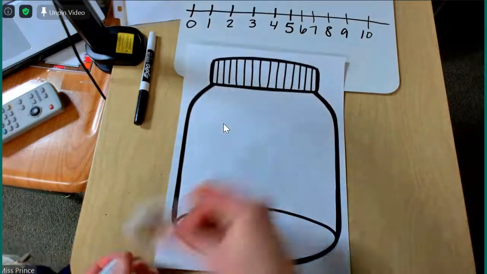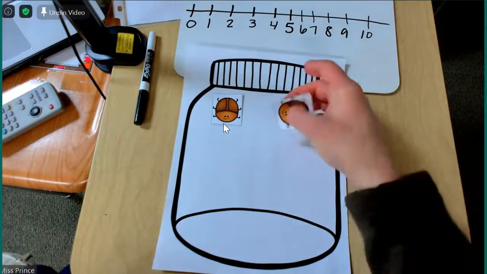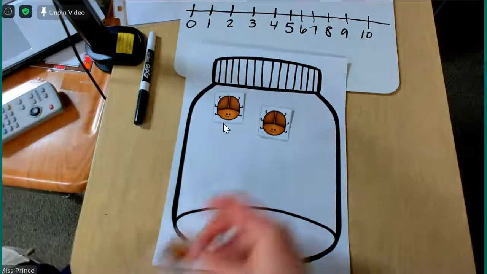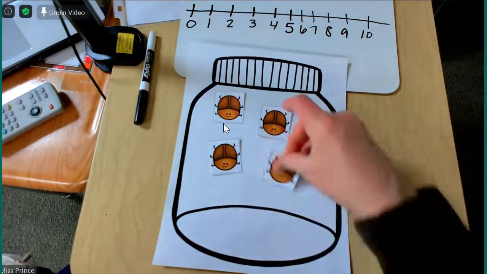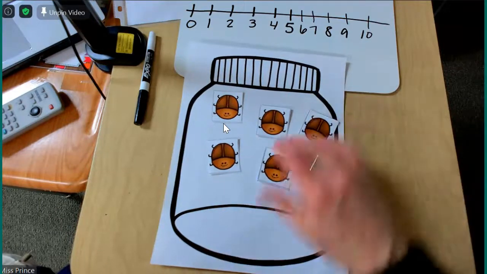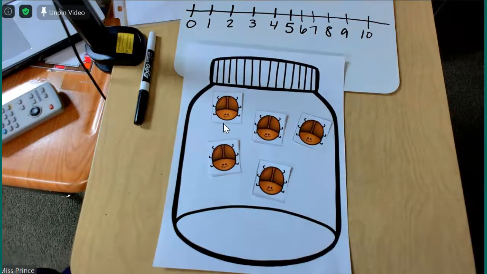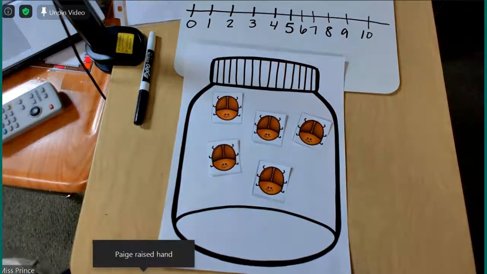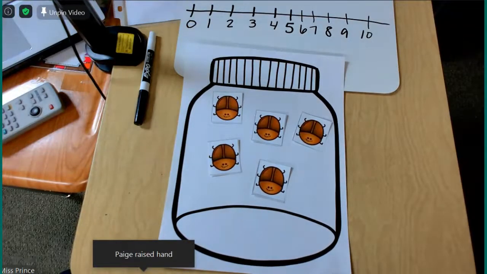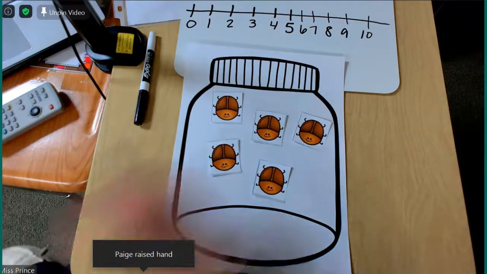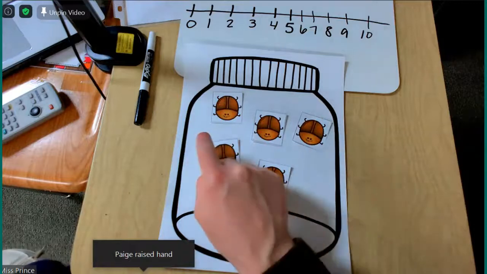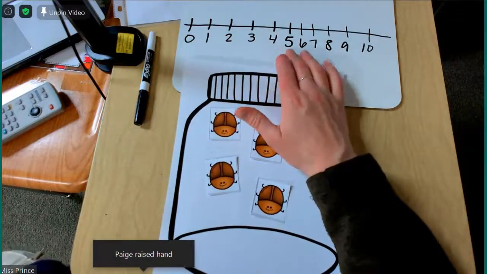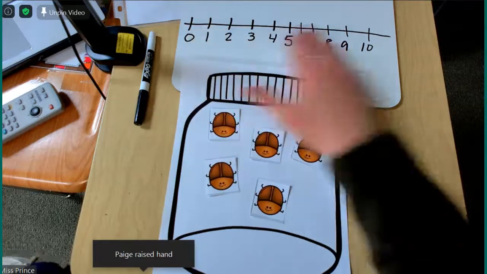So I'm going to put a number of critters in this jar, and I want somebody to raise their hand to tell me how many are in here. All right, go ahead and raise your hand to tell me how many are in here. Paige. 5. 1, 2, 3, 4, 5. Now, I'm going to go to my chart, and that's why I had you guys write your number line up here.